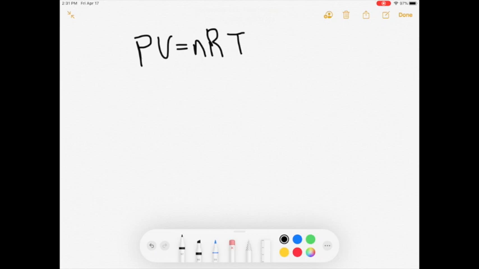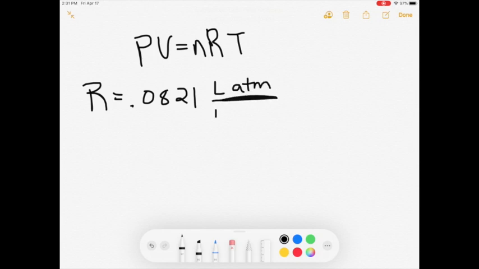Since R is equal to 0.0821 liters times atm divided by moles Kelvin, we have to look at those units. Pressure is going to be in atm. It has to be in atm because R is in atm.